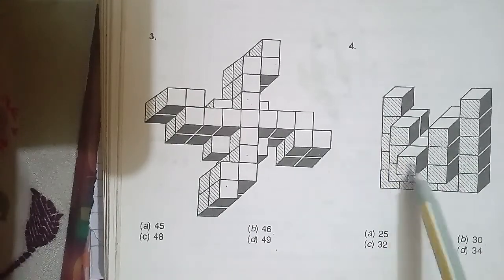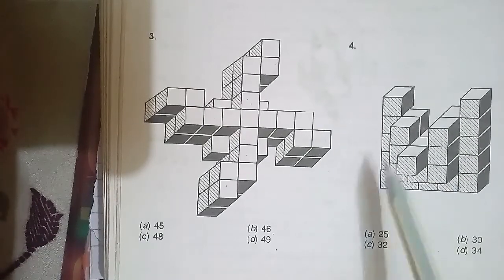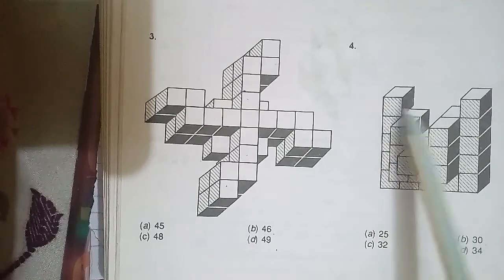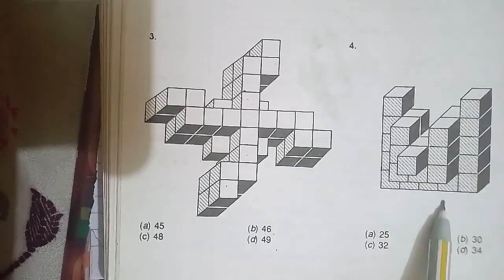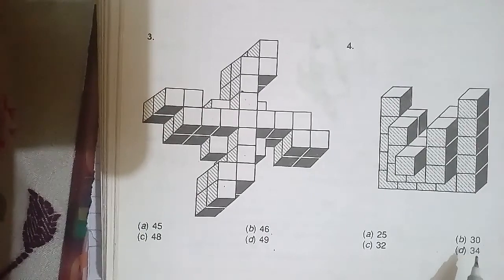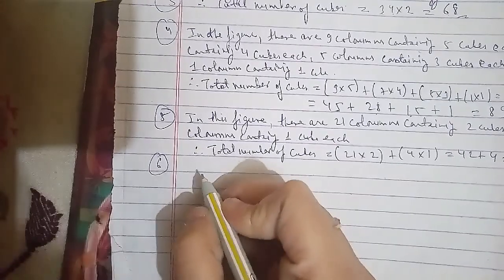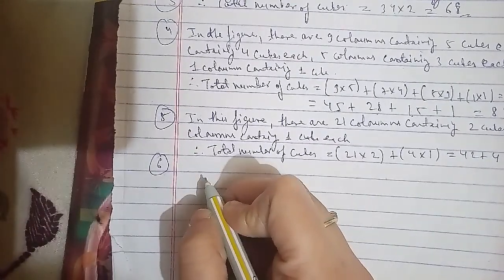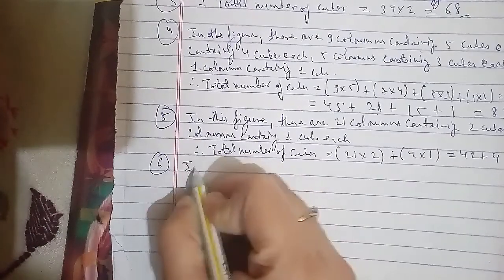In the figure there are 13 columns containing 1 cube each, 7 columns containing 2 cubes each, and 1 column containing 3 cubes.